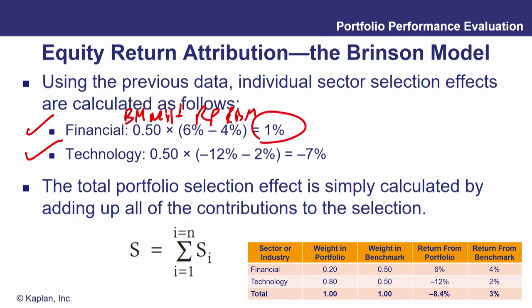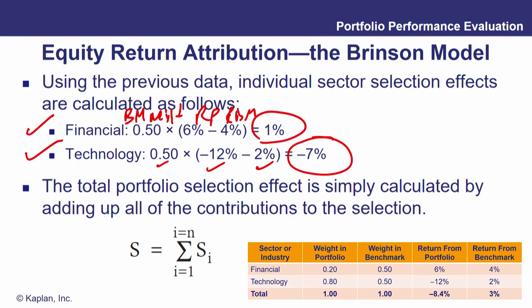You actually added 1% as a stock picker here. Now let's do the same thing for technology. The benchmark weight was 0.5. The return of the portfolio in your technology portfolio was negative 12%. The benchmark actually earned 2% in technology. So unfortunately, you didn't do so well in technology.